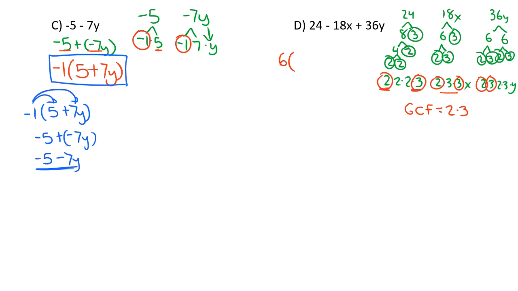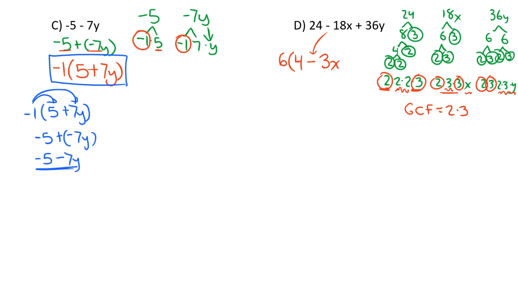So now we could either look at what's left in each of these, or we could just say, now that we have our greatest common factor, what's 24 divided by 6? Well, it's 4. Again, we could confirm that by saying 2 times 2 is 4. Okay, we're subtracting. 18x divided by 6 is 3x.